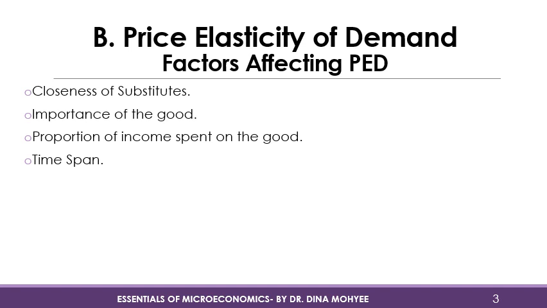Okay, the proportion of income spent on the good is another important factor that affects the price elasticity of demand. As the amount of money you spend on a certain good constitutes a large percentage of your income, any change of this good's price will affect your purchasing power greatly, so your response to this price change will be greater. For example, consider the price of a molto relative to your pocket money and the price of a McDonald's meal.